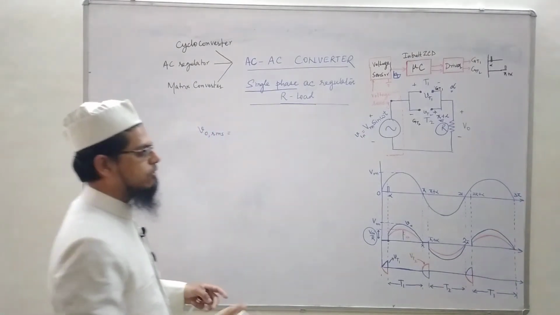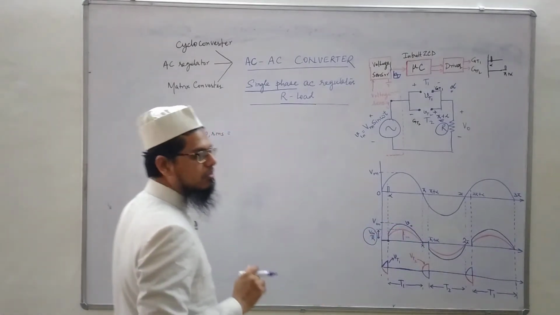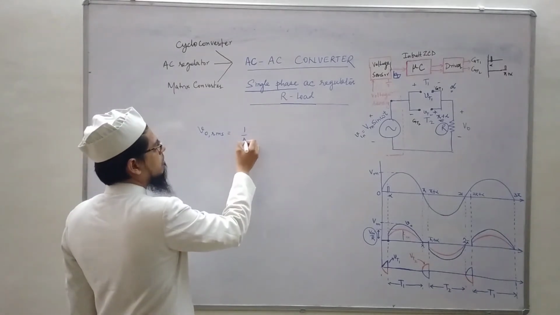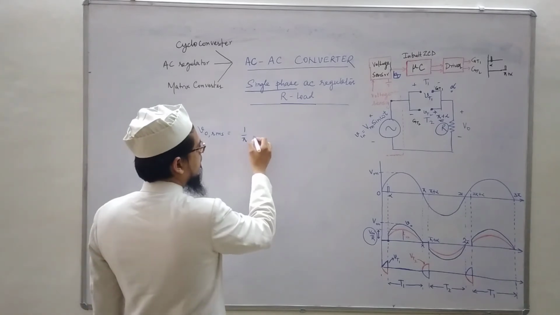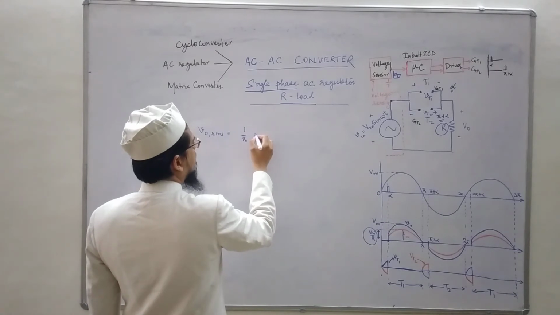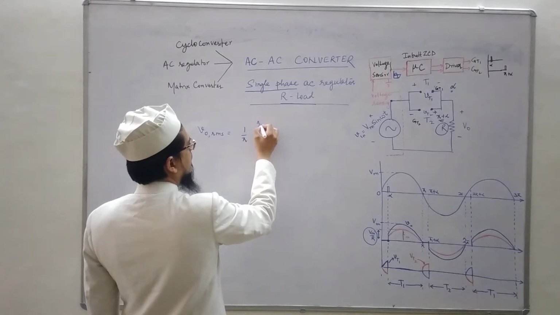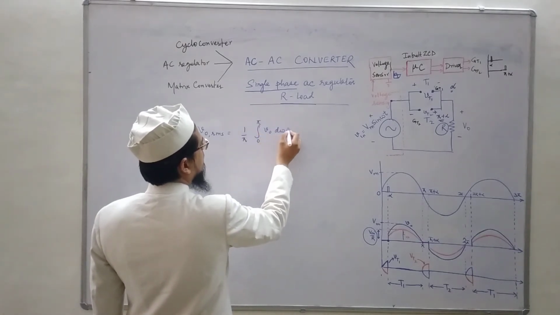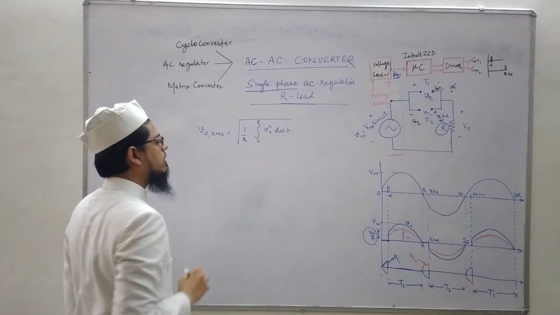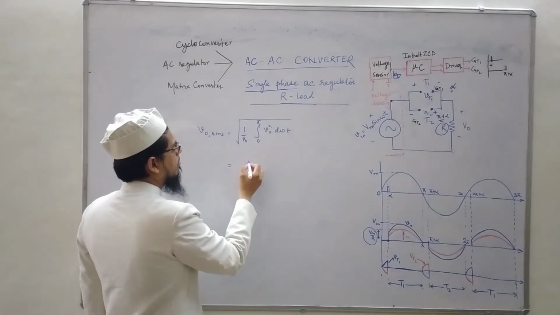So we keep the period pi, and we integrate the voltage in the positive half cycle only. This will be equal to 1 upon pi times the integration from 0 to pi of Vo squared d omega t, and whole root.